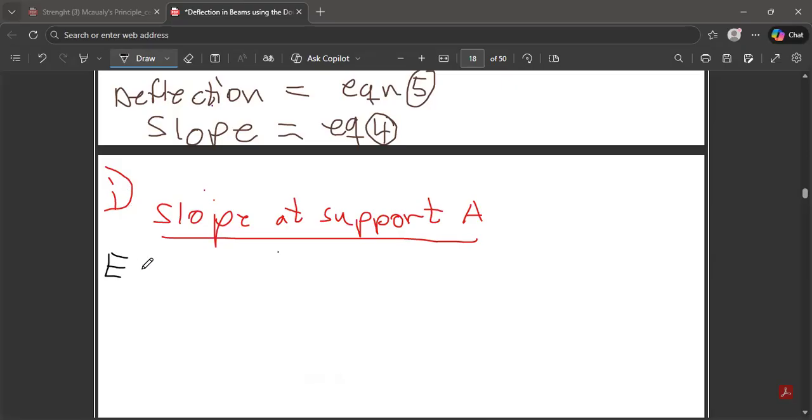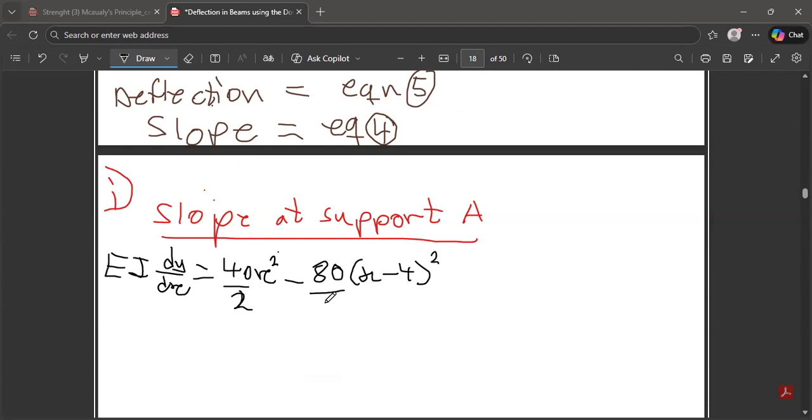And equation 4 is equal to EI dy dx, which is equal to 40x squared all over 2, now we are having minus 80 bracket open x minus 4 all squared all over 2.